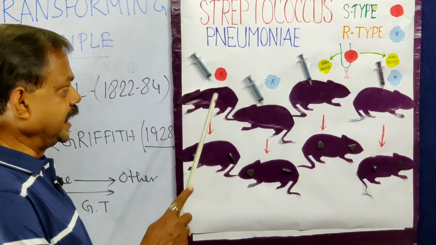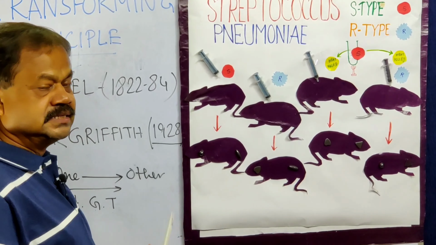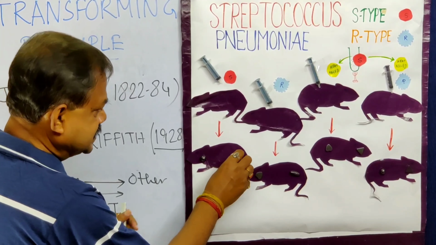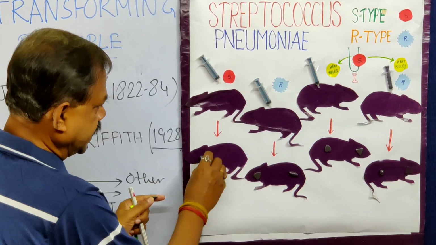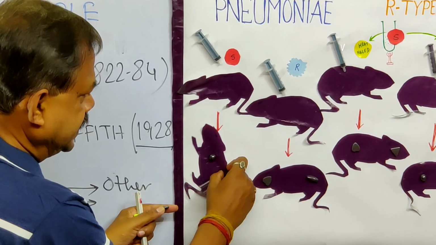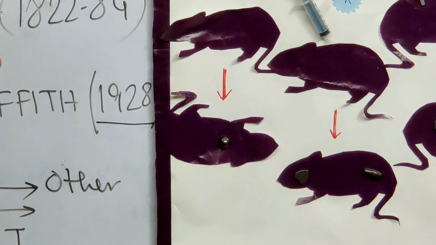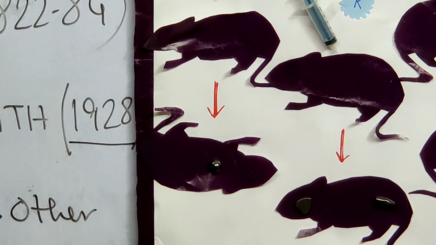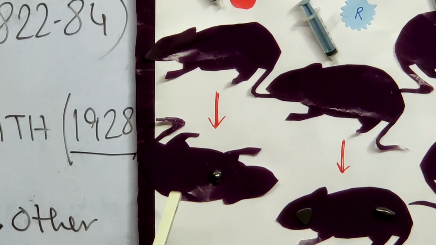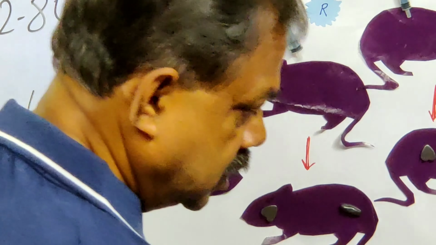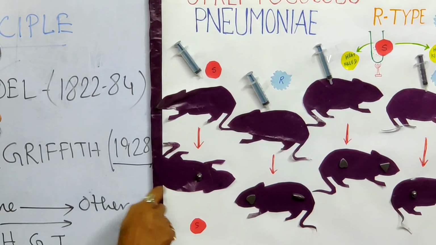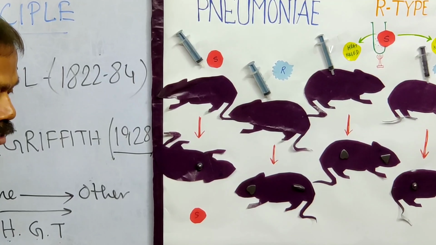When he injected the S type strain into the mouse, the mouse died. Afterwards, when he collected blood from it, he got S type Streptococcus pneumoniae in the blood of this dead mouse.